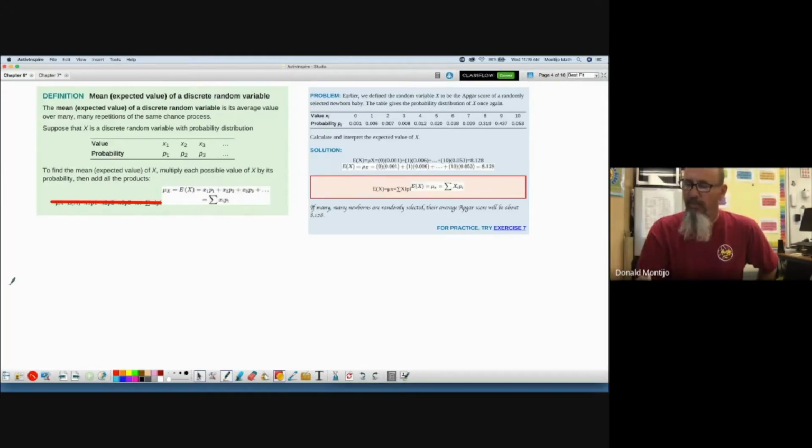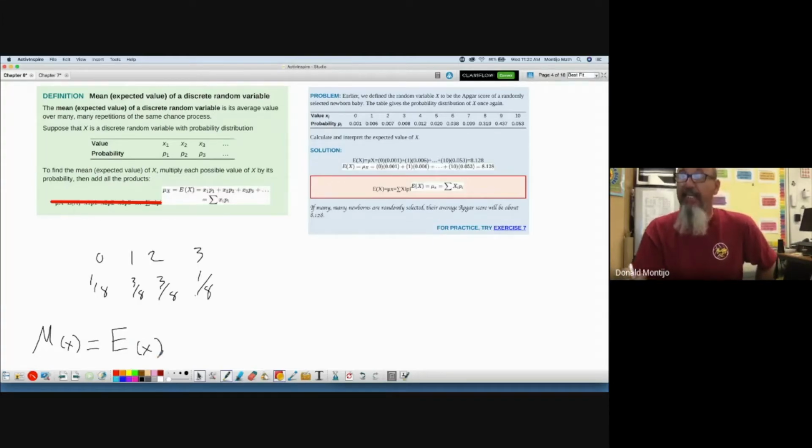So let's look at the previous example for the number of girls out of 3 children. If you remember, our probability distribution was 0, 1, 2, 3, 1/8, 3/8, 3/8, and 1/8. Now, how would I find the mean of this random variable X? Oftentimes they'll write it E of X, meaning expected value.